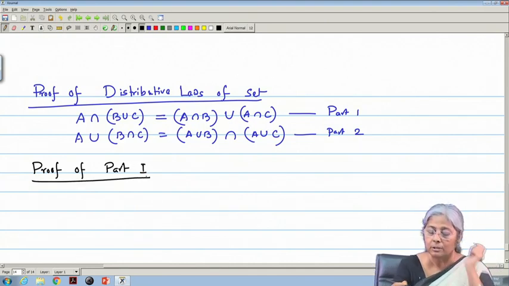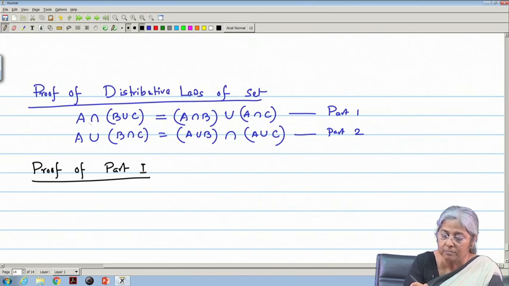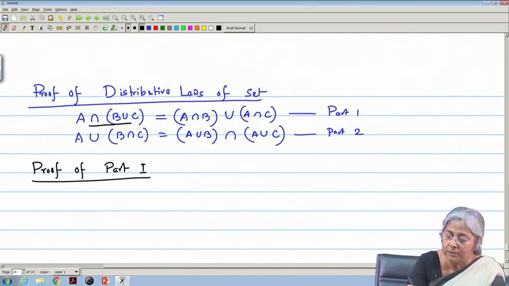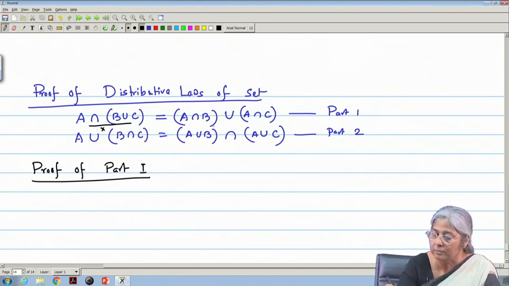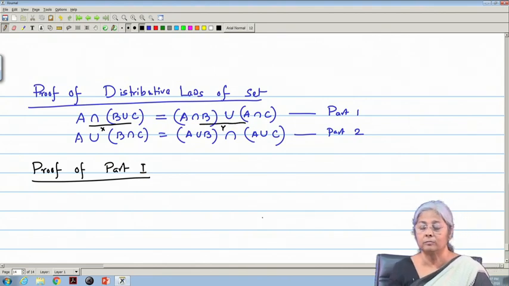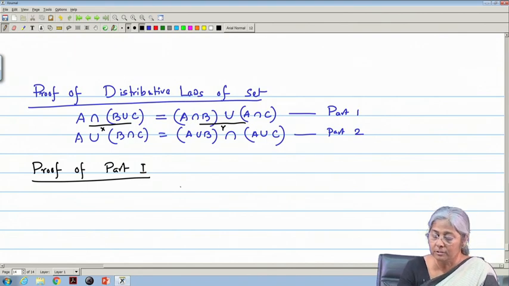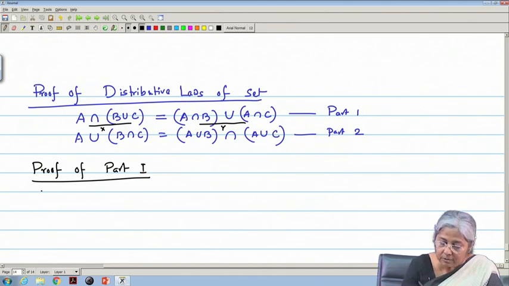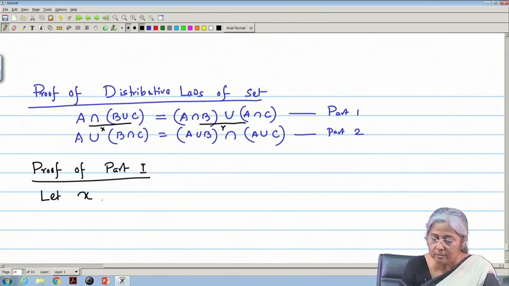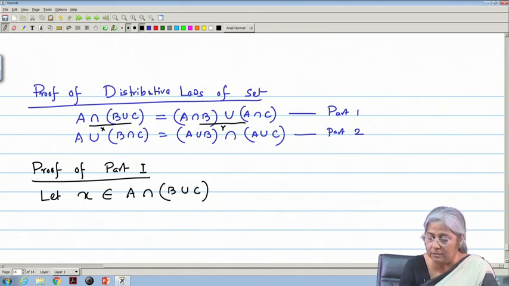Again with the same logic, I can say this is my x, and this is my y. To show x equals y, the logic is that for all x we have to show that x belongs to X implies x belongs to Y, and x belongs to Y implies x belongs to X. So, let x belong to capital X, meaning A intersection (B union C).